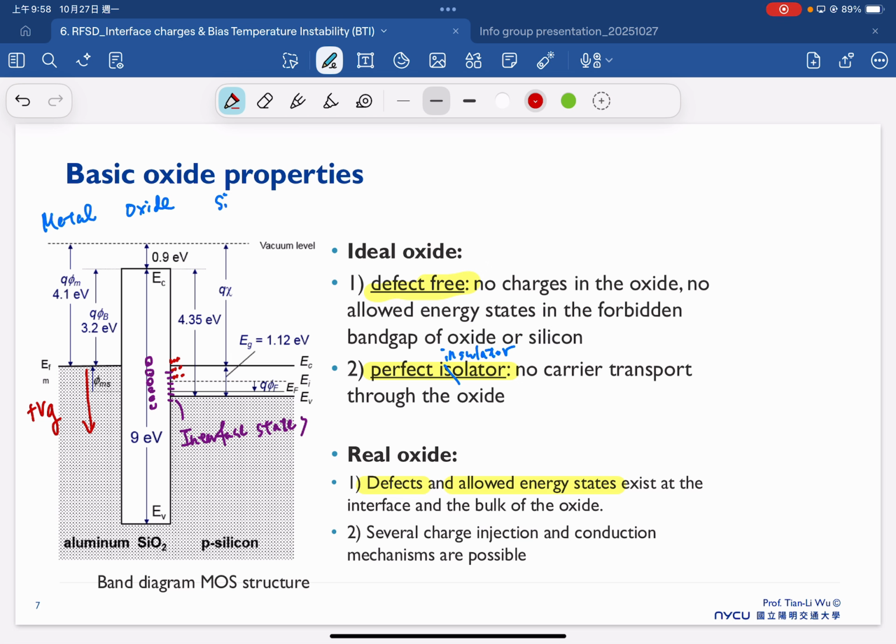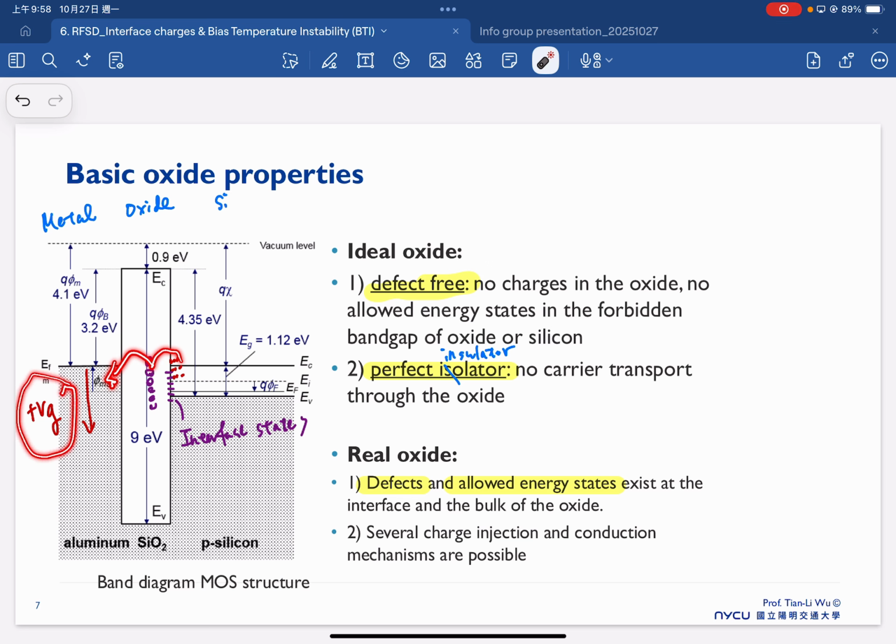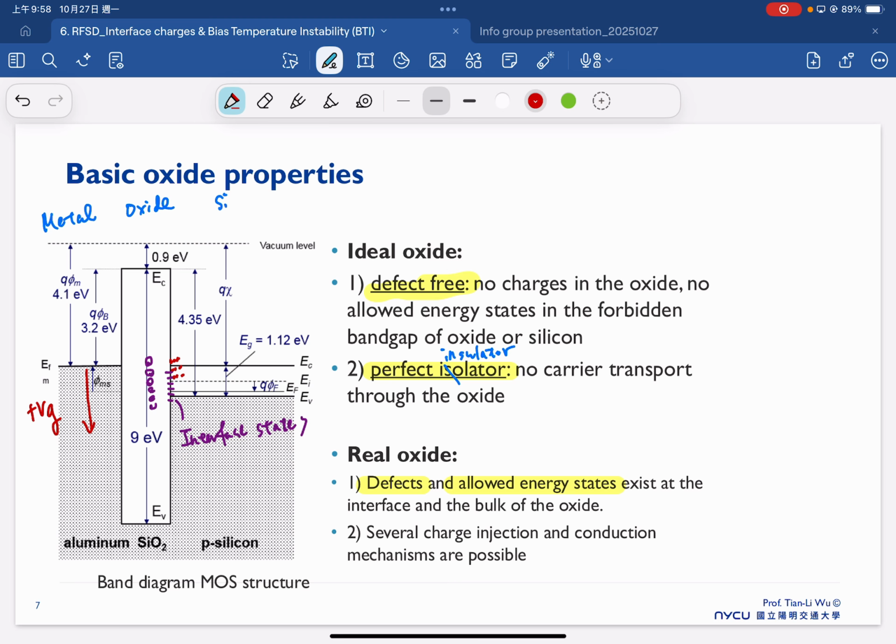But these inversion electrons will be attracted toward the dielectric, because right now we have the positive gate bias there. So it's very straightforward to expect that the negative electrons will start being attracted and injected toward the gate side.